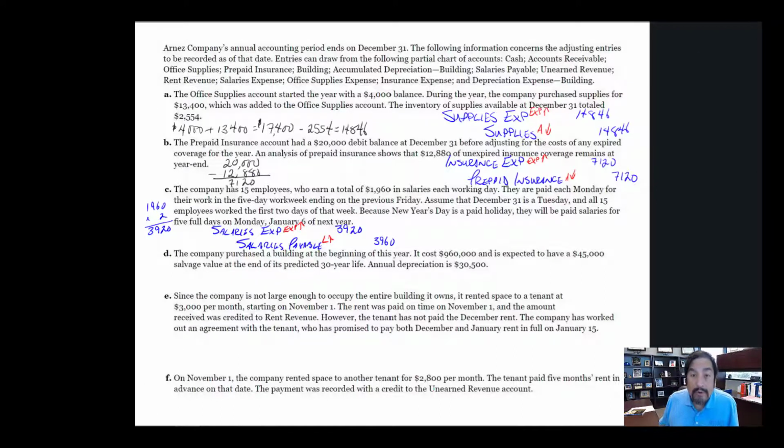I'm going to jump over to requirement 2. Requirement 2 said for C and E, record the first regular journal entry of the new year. So for C, what they're talking about is record what payday on the next Monday looks like. So right now we're on Tuesday, December 31st.